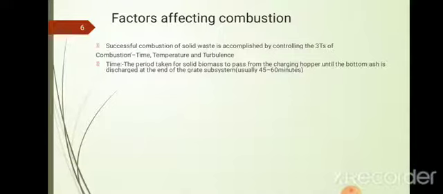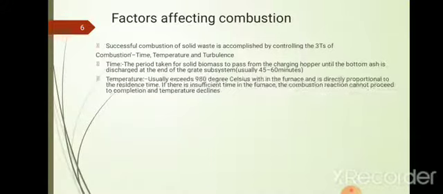Starting from the feeding hopper, we are feeding the biomass, it will move to the grate and combustion happens, and finally the ash will be collected at the bottom of the grate. So that time is known as the residence time, and normally it will be around 45 to 60 minutes.